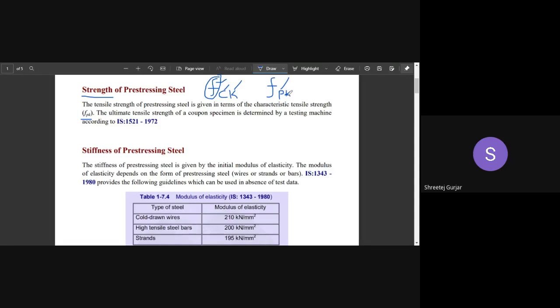So this is how you denote your characteristic tensile strength for pre-stressing steel, that is FPK. P denotes pre-stressing steel, and C is for concrete. Remember this.